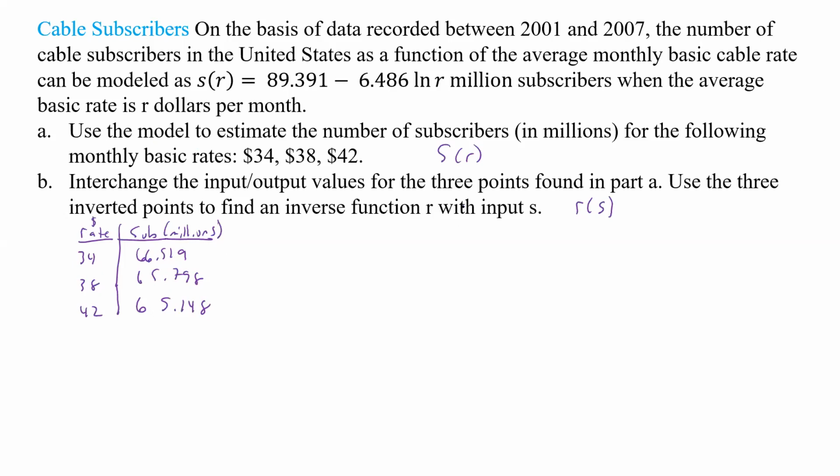Then when we did our exchange, we actually said, okay, these are the X's and these are the Y's now. Then we found R of S because we were basically doing the inverse. And we said that was actually 967,186.056 times 0.857 to the S. And this is going to be in dollars.